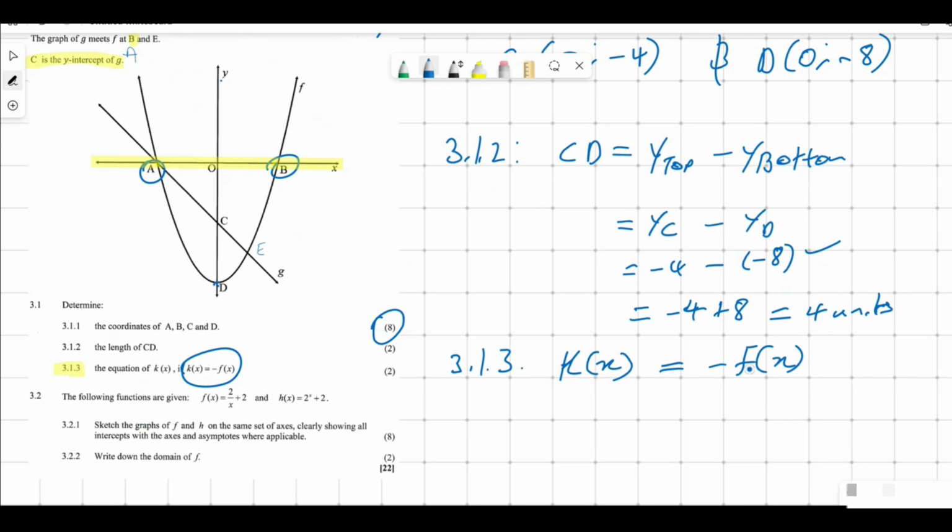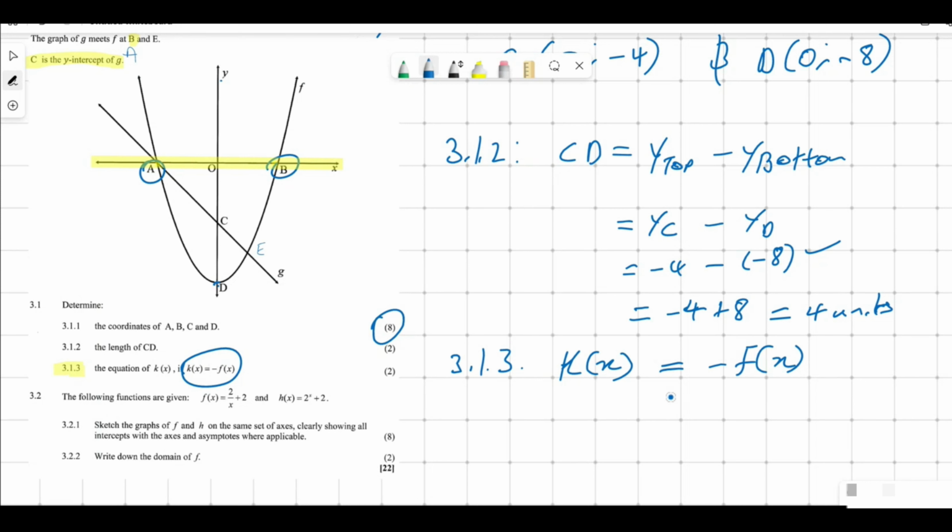It's positive this side, it's negative there. So the moment the value of y changes the sign, that is a reflection about the x-axis. Is that okay? Thank you.